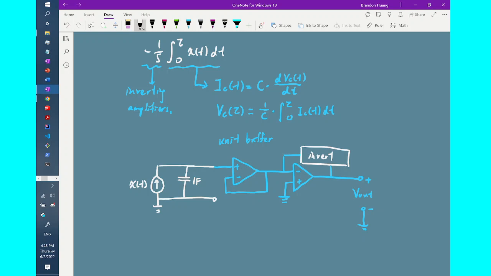And so the voltage across the capacitor would be equal to 1 over 1 farad times the integral from the time from 0 to the time passed of x of t dt. And I know that the input voltage at V minus of the later op-amp must be equal to this current input voltage at the positive terminal of the front op-amp because of the unity buffer I have here. So now I just have to worry about the inverting setup.